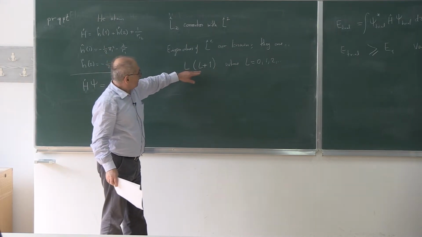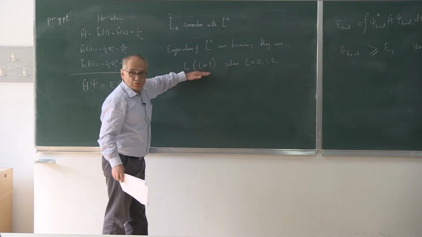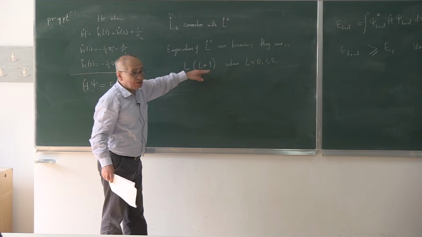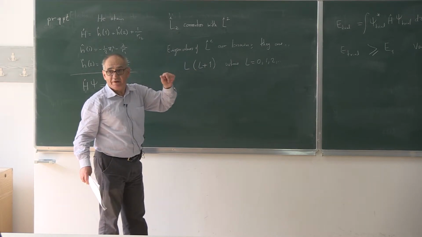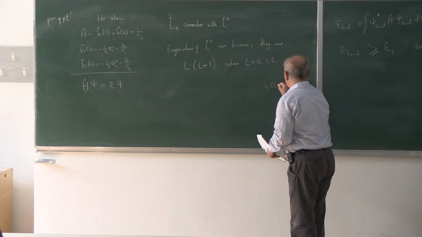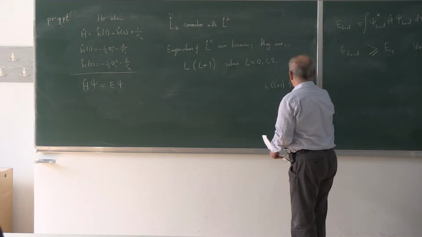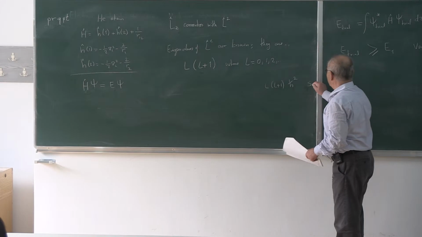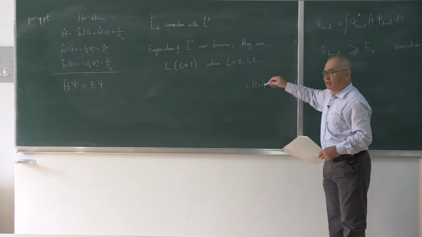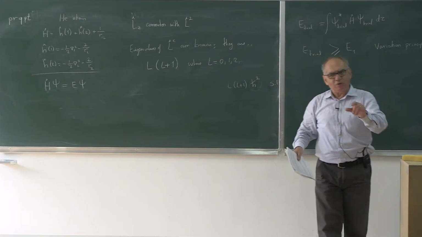If you think about these values in SI units, you have to multiply this with h bar square. In SI units, it is L times L plus 1 times h bar square. So we are just taking h bar as the unit of angular momentum.